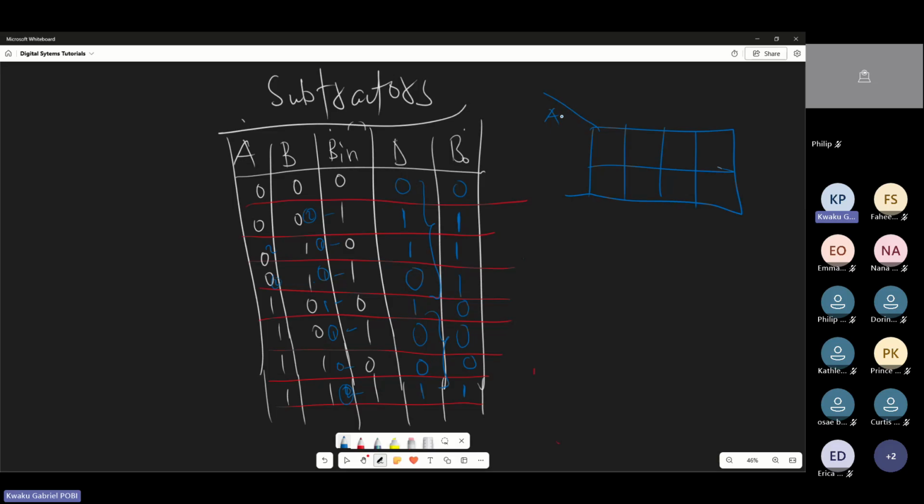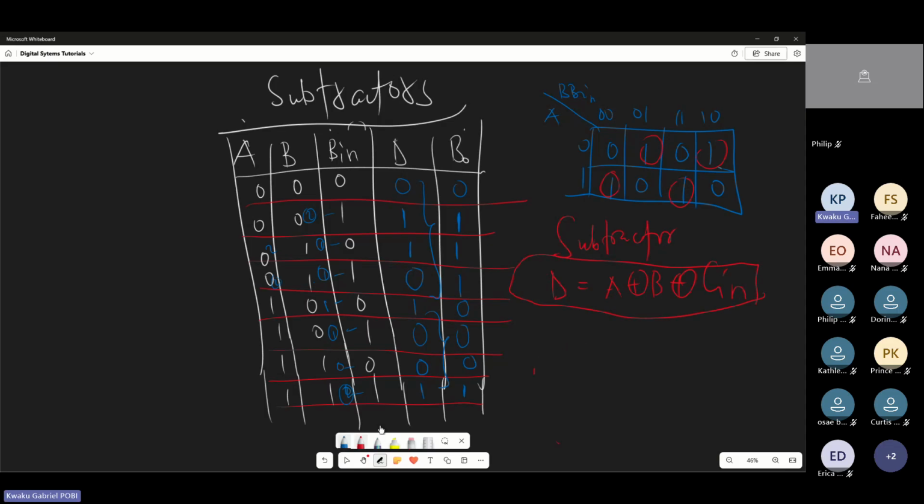You have A, and then B in. You have 0, 0, 0, 1, 1, 1, and then 1, 0, 0, 1 here. So the first one is 0, 1, 1, 0. The last one is 1, 0, 0, 1. So here it's looking like an XOR again. So the subtractor has its difference for 3 inputs still remaining as XOR. So A XOR B XOR B in, like this.